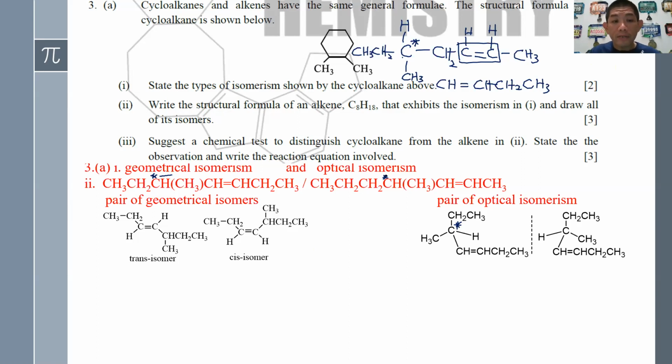Okay. Last but not least, suggest a chemical test to distinguish cycloalkane from alkene. State the observation and write the equation. 3 marks. Now always remember in a chemical test, it may sometimes be 3, sometimes 4 marks in here. Regardless, the 3 most important keys that you must always write whenever you are trying to propose a chemical test are: number one, you must always have reagent and condition.